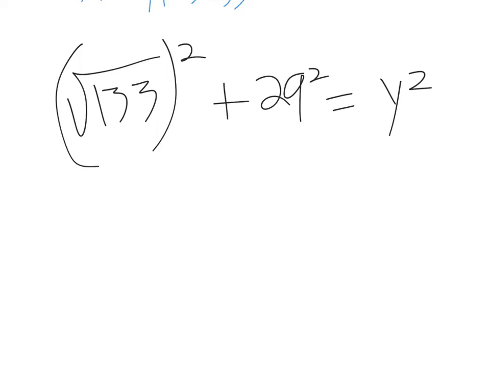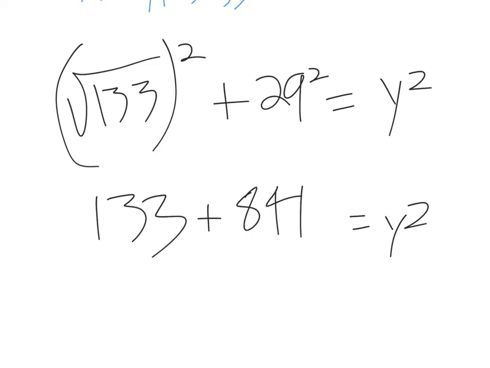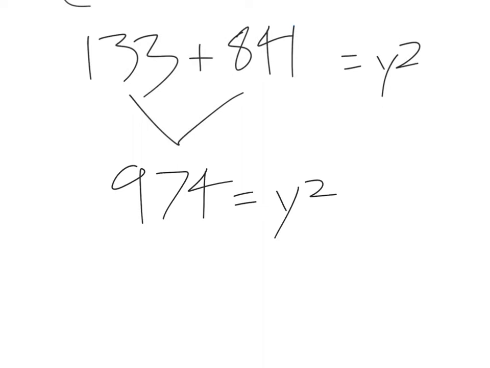When you square a square root, you just get that number that was inside the square root. So the square root of 133 squared is just 133. And now we just have to square 29 and equal it to y squared. And 29 squared is 841.